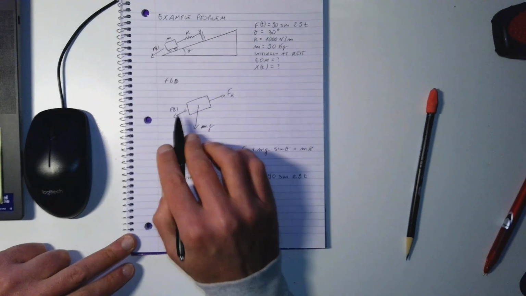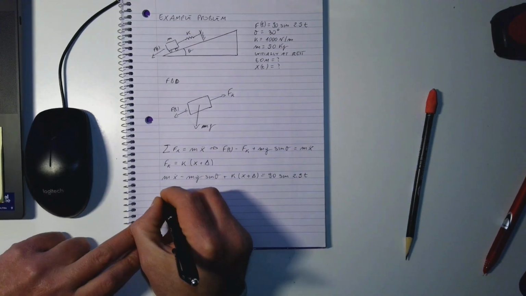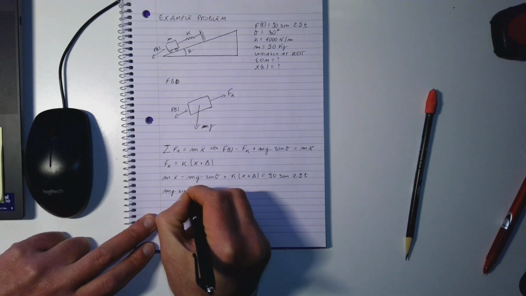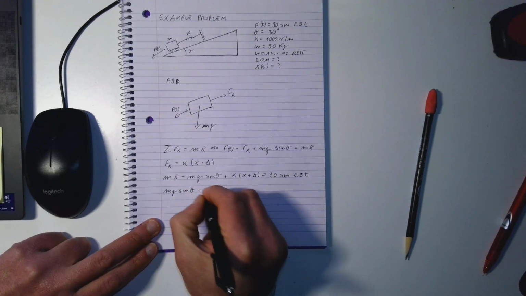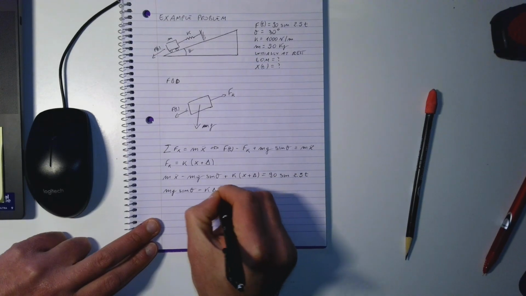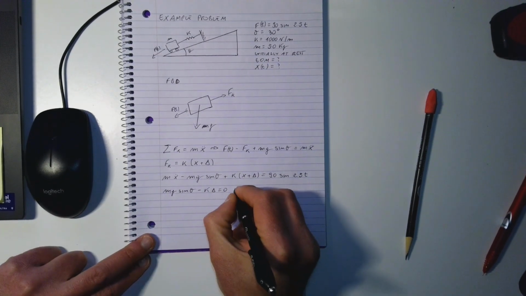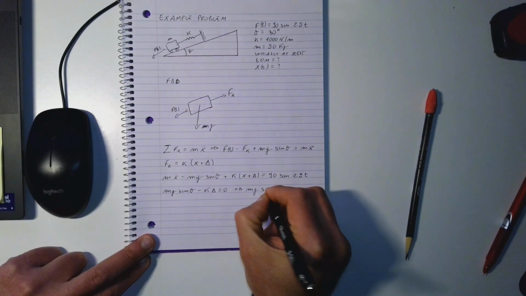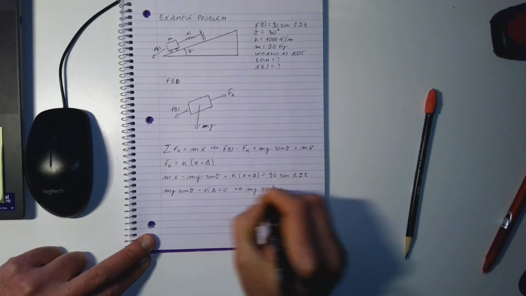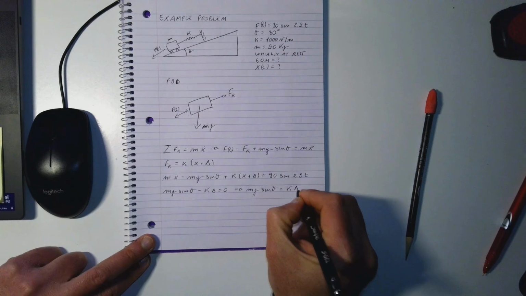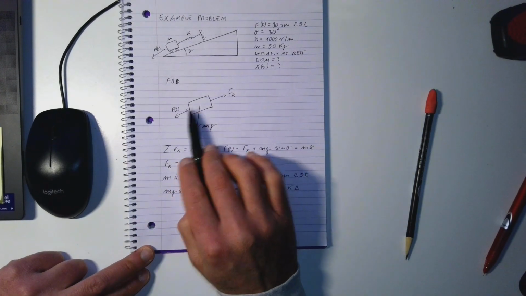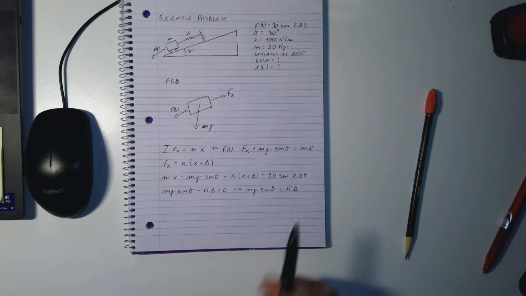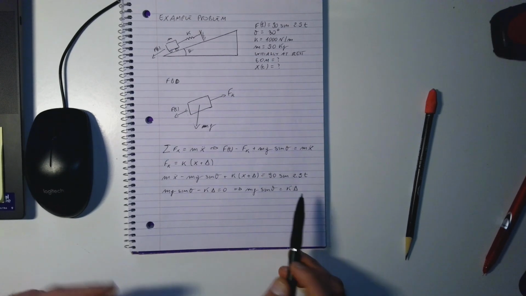So when we look at these two forces, we simply have mg sine theta minus k delta equal to 0, which means mg sine theta is equal to k delta. They balance each other in a static condition, so they are equal.